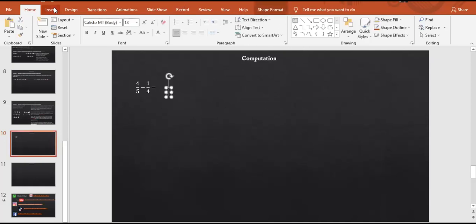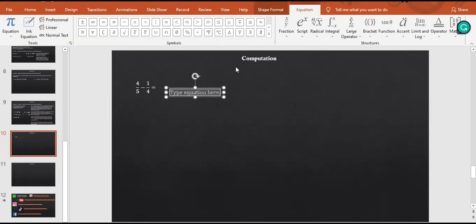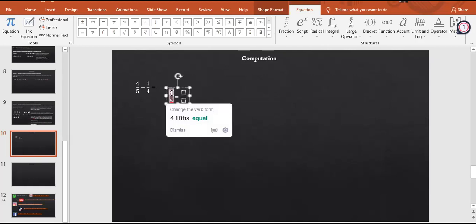Right, go ahead. 4/5 minus a quarter is equal to 16 over 20 minus 5 over 20. Go slowly. Remember, I'm talking, and remember, you have to teach as well. So 4/5 minus a quarter is equal to 16 over 20 minus 5 over 20.